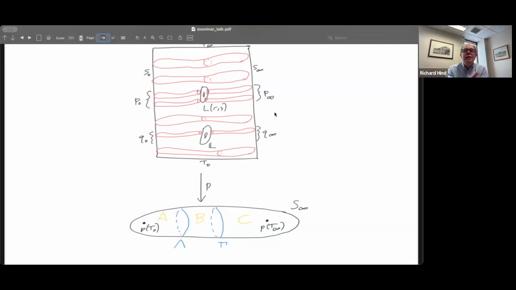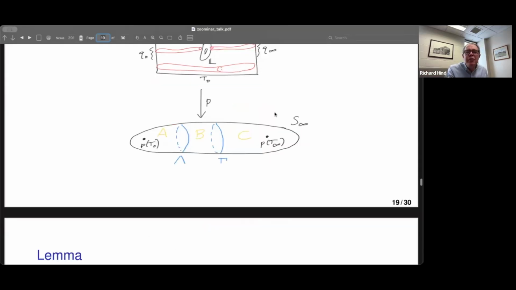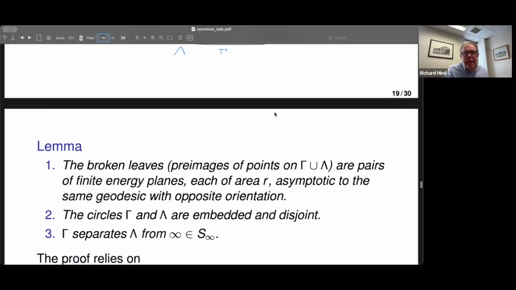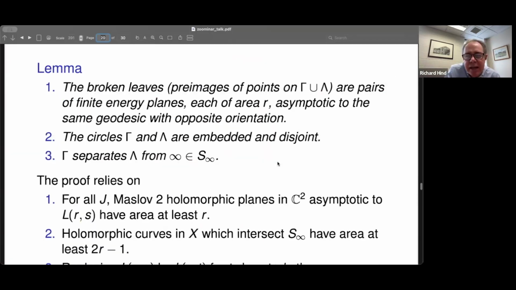So in other words, the Lagrangian tori are going to bound two solid tori, and each of those solid tori is foliated by holomorphic planes. I'm labeling those families P0, P infinity, Q0, Q infinity. But the lemma is that this picture is exactly what happens. It's not clear this is what's going to happen in general, but I claim in our situation this is exactly what we get.